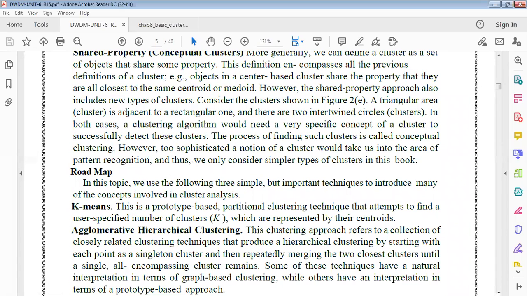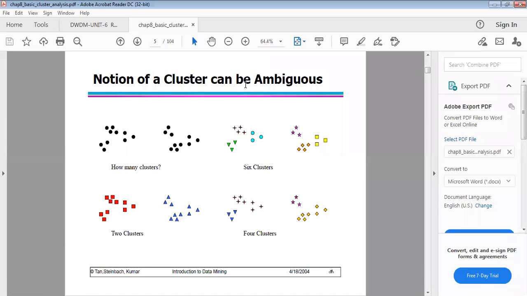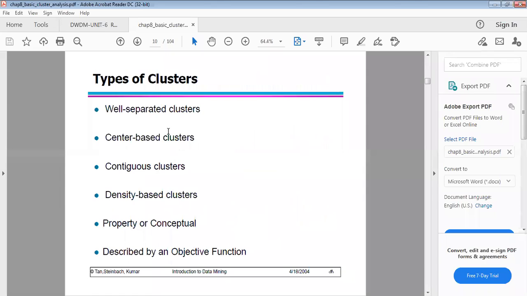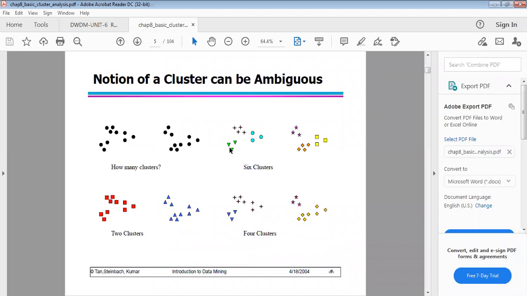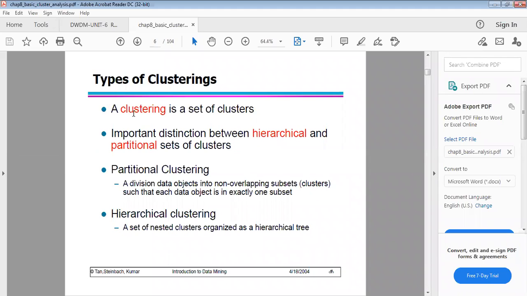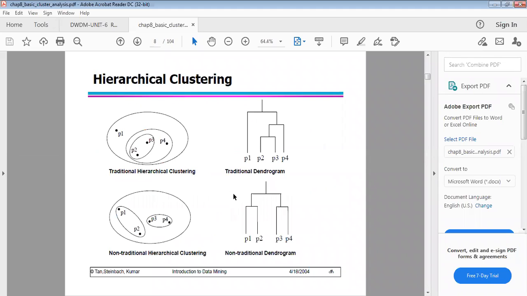So first, these are all basics of the clusters: well separated clusters, center based clusters, contiguous clusters, density based clusters, property or conceptual clusters, described by objective functions. These are the different types of clusters. Now we will discuss them.